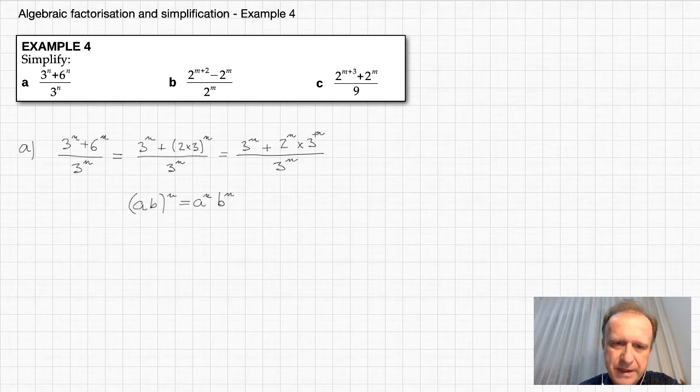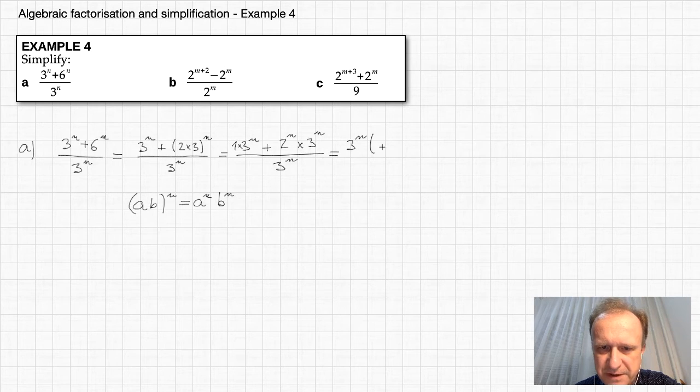Now you can look at the numerator and see that there are two terms, the first one and the second term. Terms are separated by plus or minus sign, so this is a term and also this is a term. They have a common factor of 3 to the power of n, so it can be factored out in front: 3 to the power of n times, now this 3 to the power of n was 1 times 3 to the power of n.